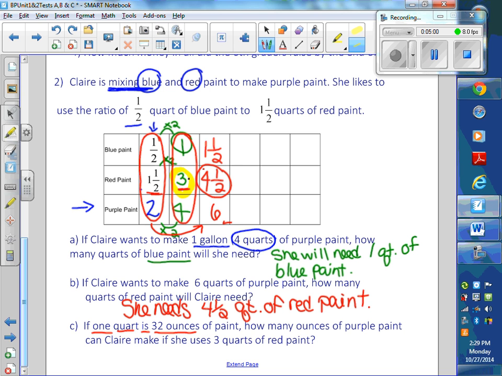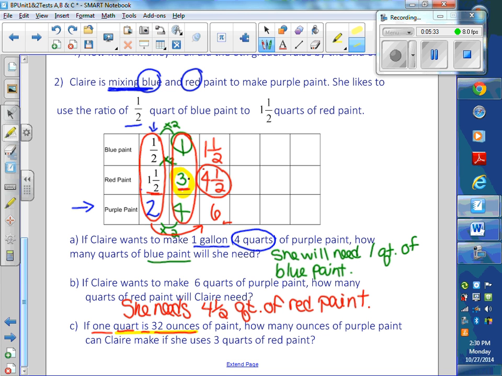We're trying to figure out how to get from quarts to ounces, and the problem gives you a hint right here. What do you have to do to get from quarts to ounces, Ben?